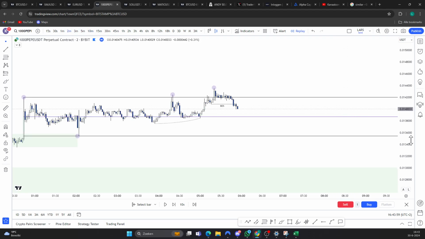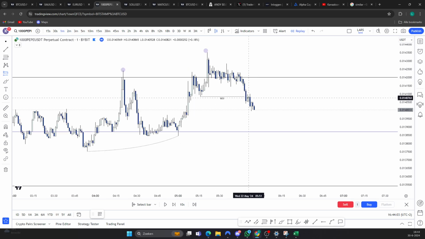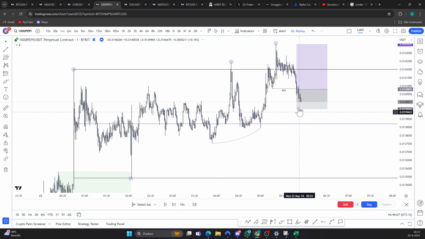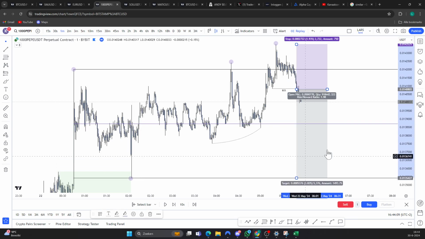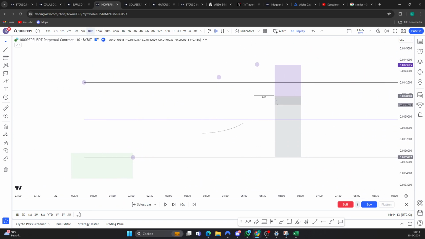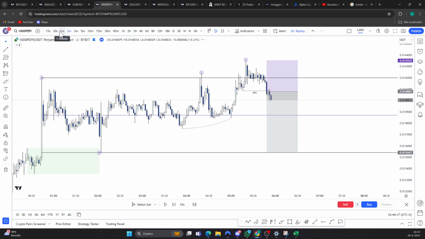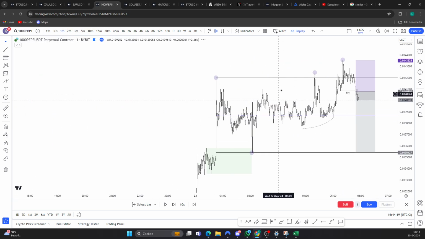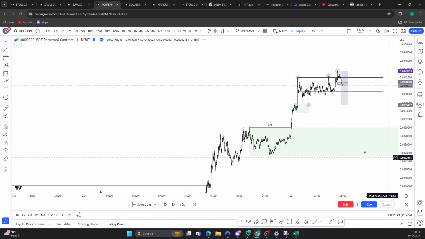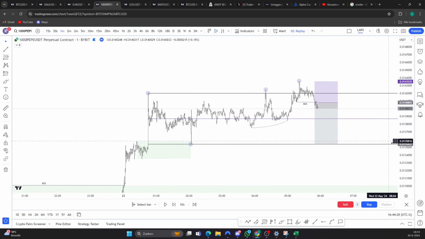But it is a clean Model 1. It's always a bit less good to short distributions in a pumping environment, but we have pumped pretty hard, so it is a valid trade.